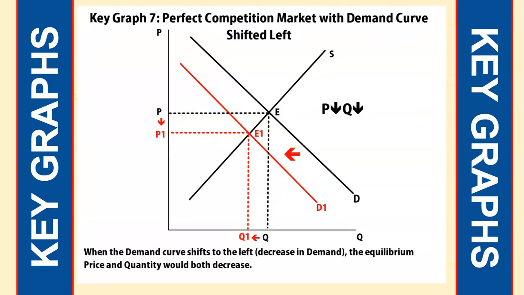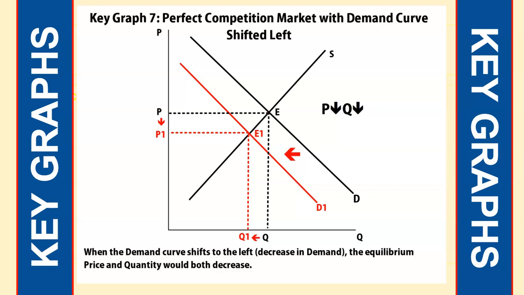Now, let's look at a situation in key graph 7 in which the demand curve is shifting leftward or inward. Something has happened. Recession leads to lower incomes, and people are using inferior goods. They're laid off, or they don't have as much work, so they're not buying the way they were before.